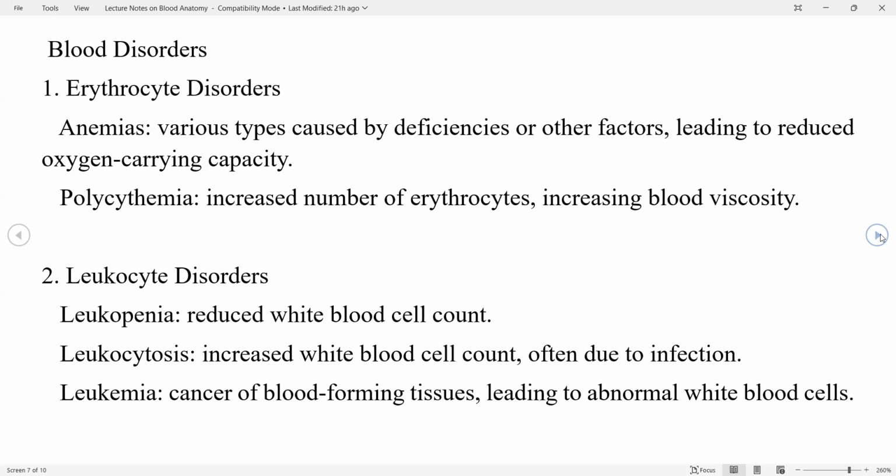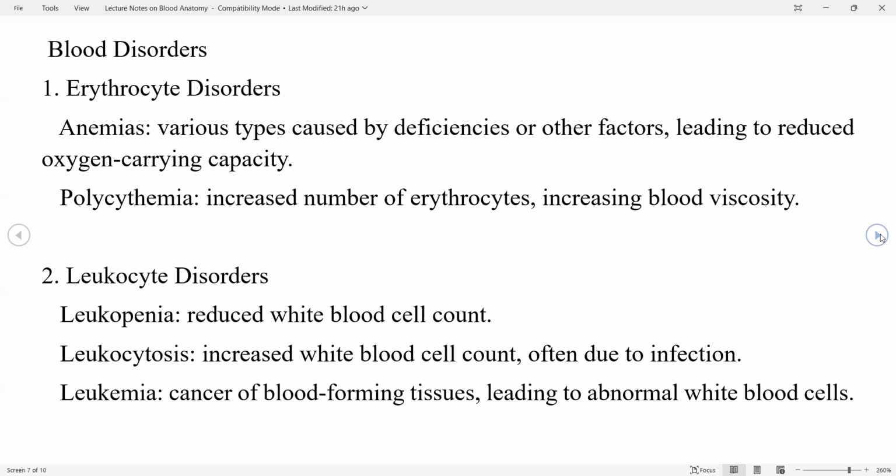What happens is that there is a reduced oxygen carrying capacity of the blood. While polycythemia is an increase in the number of erythrocytes. So this is like excess red blood cells, and this also increases the blood viscosity.